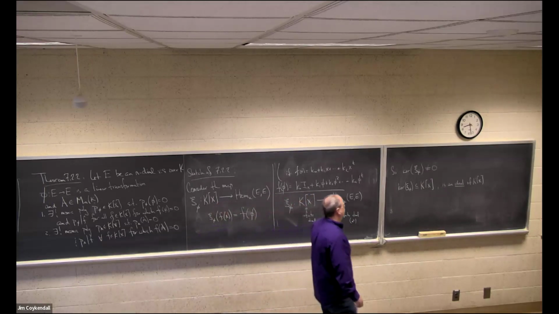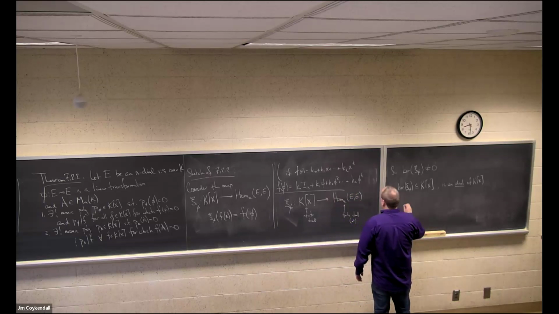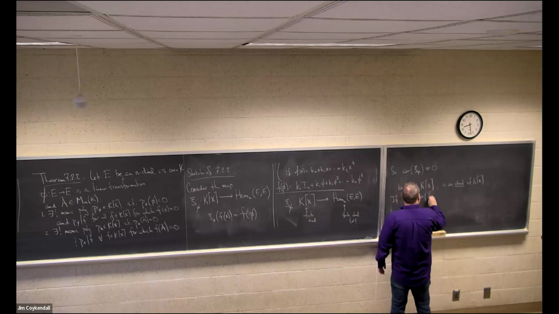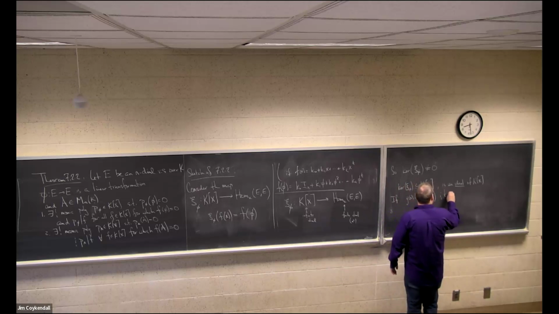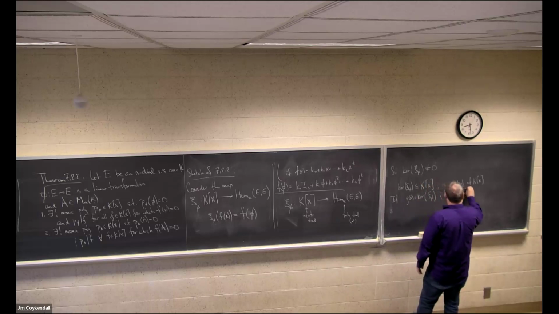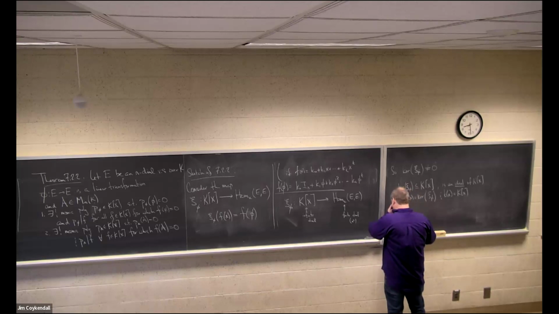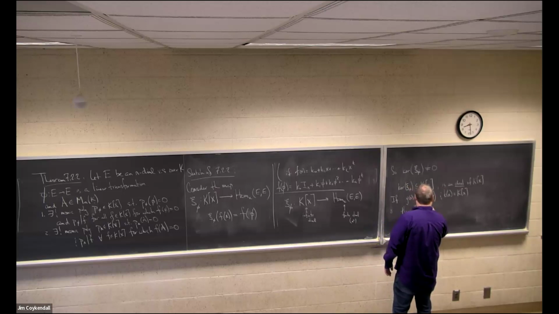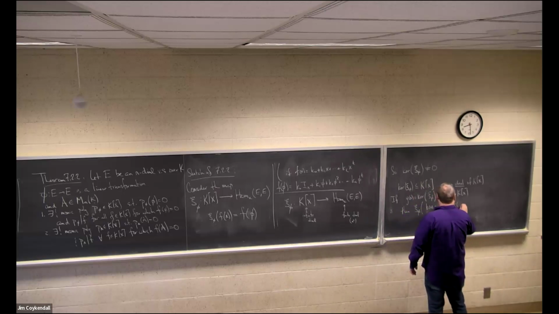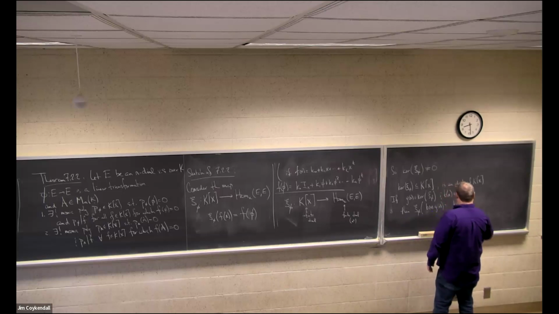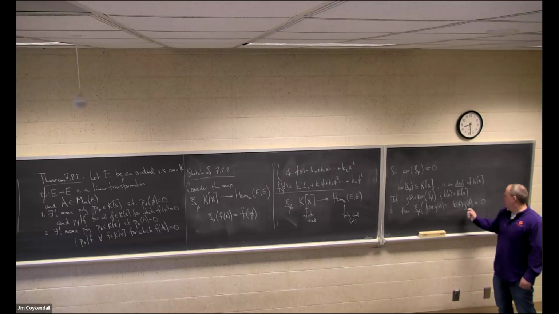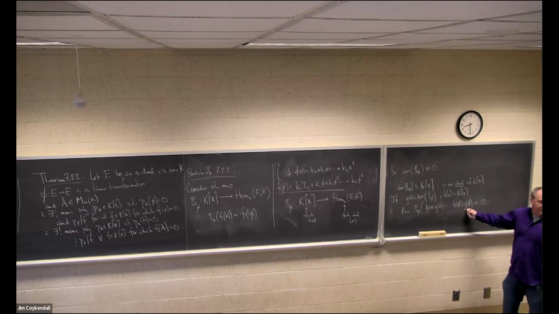Notice that if, let's say, g of x is in the kernel and little k of x is in K[x], then k(phi) g(phi) equals zero, because the g(phi) part of the linear transformation is zero.